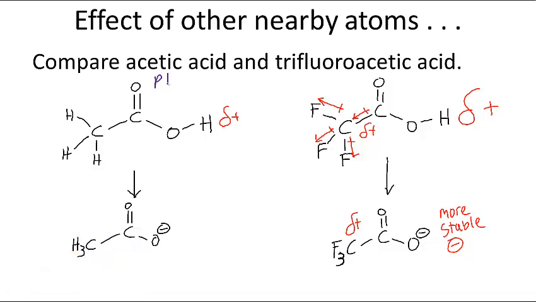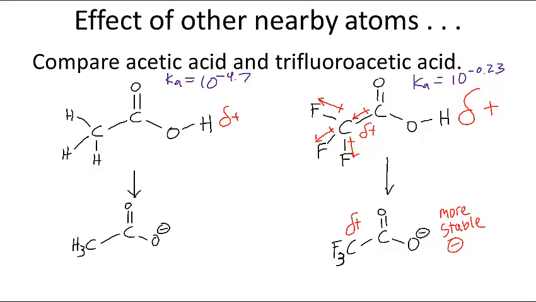So here the Ka is 10 to the negative 4.76, and then the other one, Ka, is 10 to the negative 0.23. Which one of those is bigger? Second one.